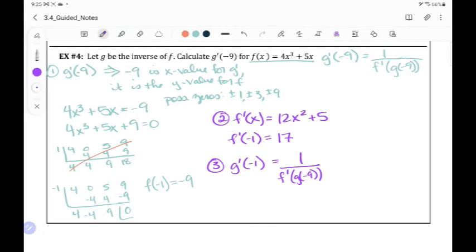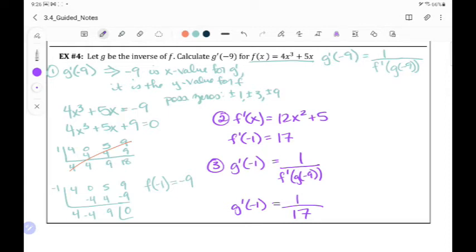We have from the rules that the inverses are equal. Remember that thing at the beginning that was like g of f of x equals f of g of x? That's what we're using here. So we know that because f prime of negative 1 equals 17, g prime of negative 9 equals 1 over 17. Because these are reciprocals.